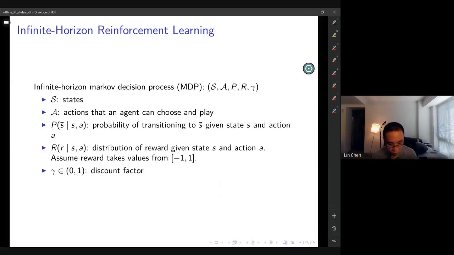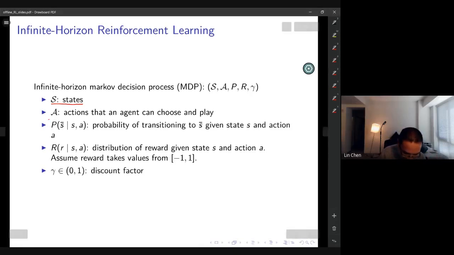In this paper, we focus on infinite horizon reinforcement learning, and we formulate it as an interaction with the following infinite horizon Markov decision process, defined by a 5-tuple: S, A, P, R, and gamma. S is the set of states; in the Super Mario game, it is all possible states Mario can have.